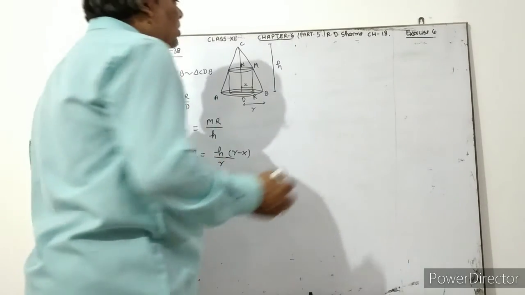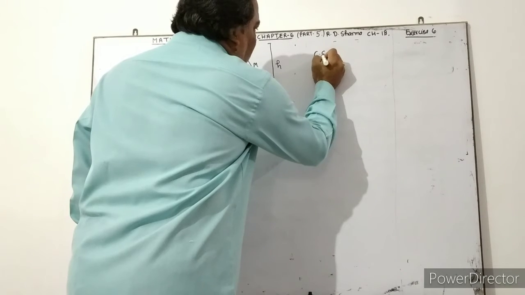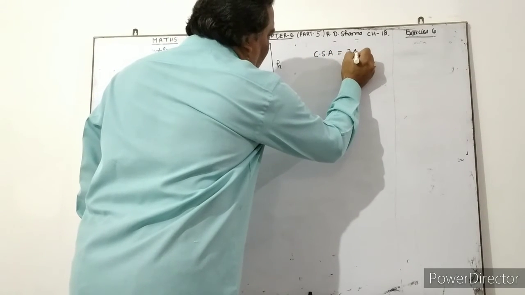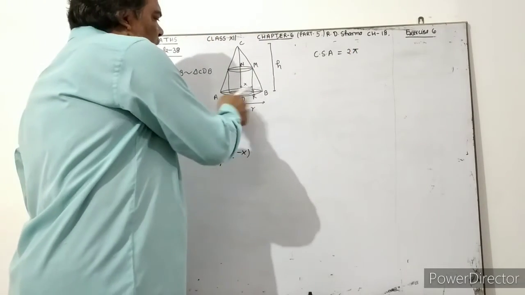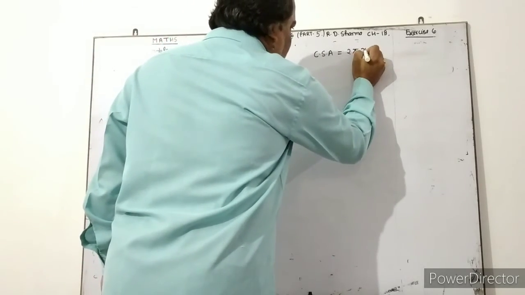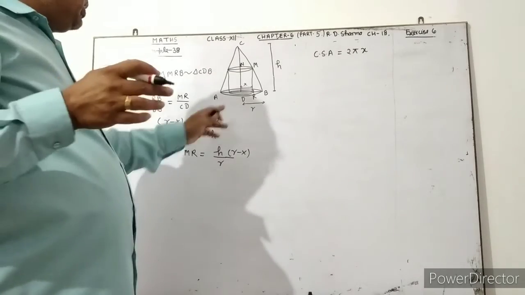Now the curved surface area. What is the formula? Curved surface area of the cylinder is 2 pi r h. What is the radius of the cylinder? This is the radius, this is the h. What is the h?